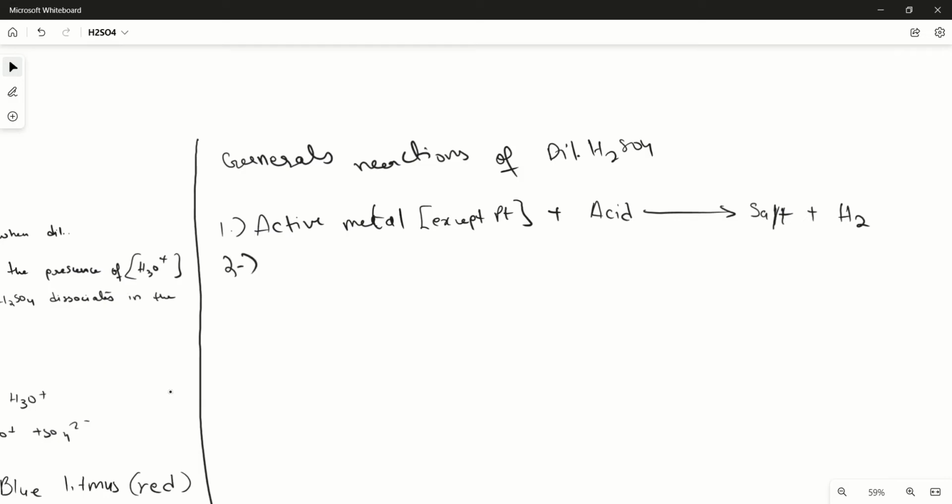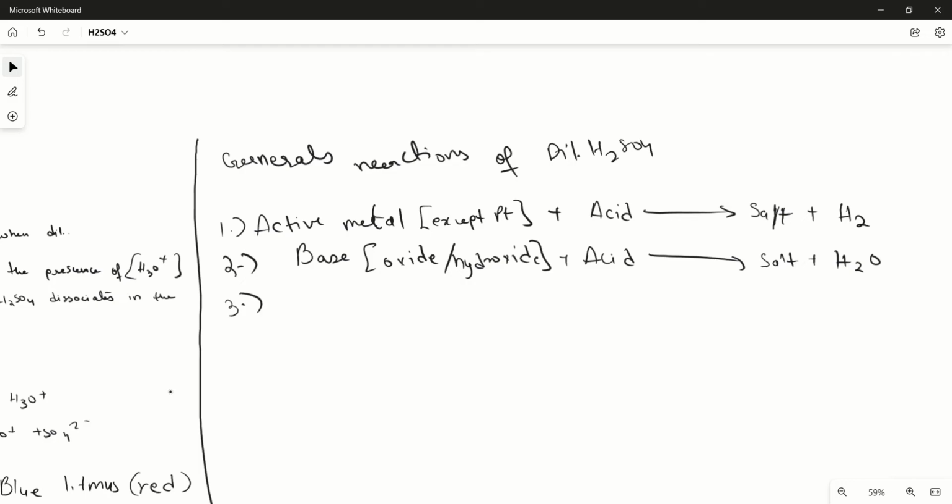Then base, oxide or hydroxide, plus acid gives us salt plus water, because this is known as the neutralization reaction.